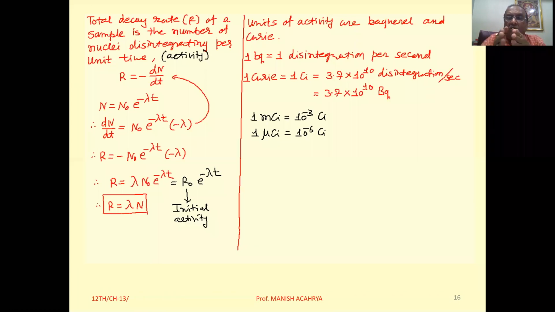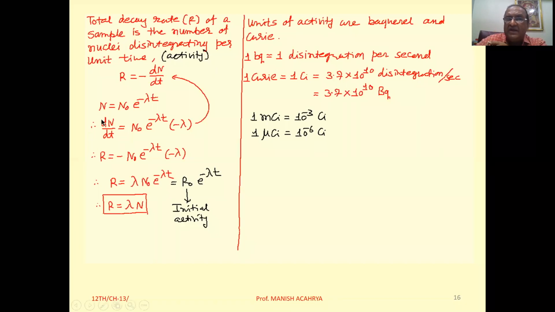And the number of nuclei disintegrated or decayed per second is called activity. So we can write the activity equal to minus dN by dt. Here the negative sign represents that as time increases, the activity decreases.